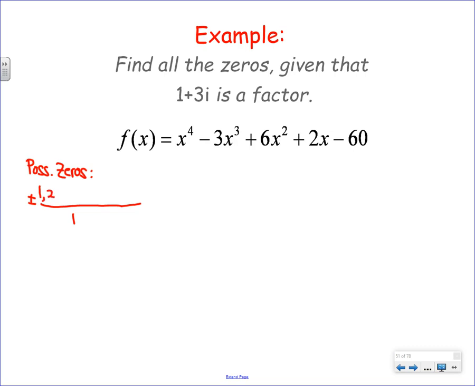Let's see. 1 goes in 60 times, 2 goes in 30 times, 3 goes in 20 times, 4 goes in 15 times, 5 goes in 12 times, 6 goes in 10 times, 7, 8, 10, 12, 15, 20, 30. Whew! Look at that list of possible zeros. That could be pretty daunting.